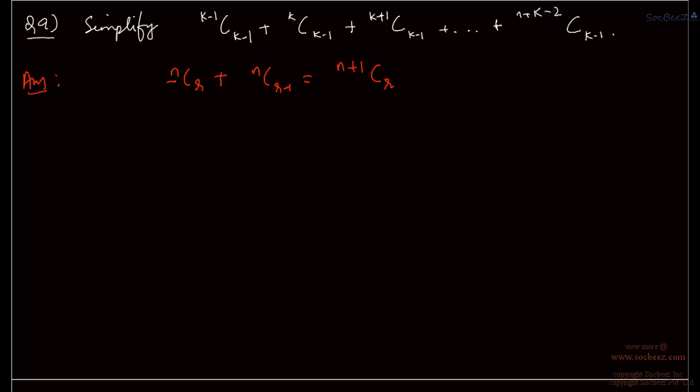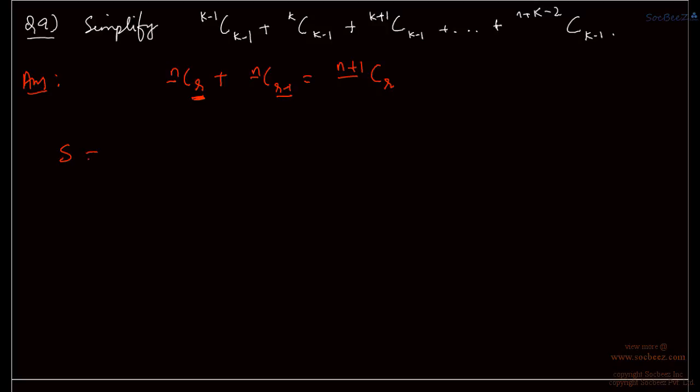Be very careful about this formula. You see that the total number of objects is the same in both the expressions, whereas this differs by only 1. And we see that the total number of objects increases by 1, whereas the number of objects chosen is the higher one, r here, right?